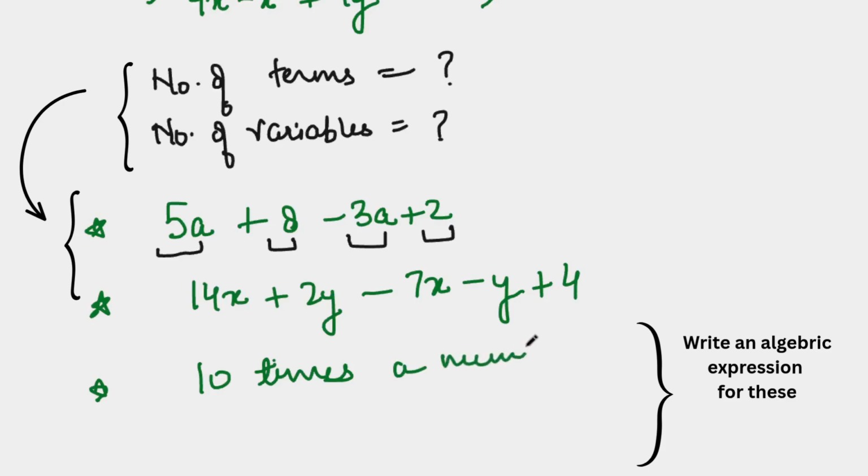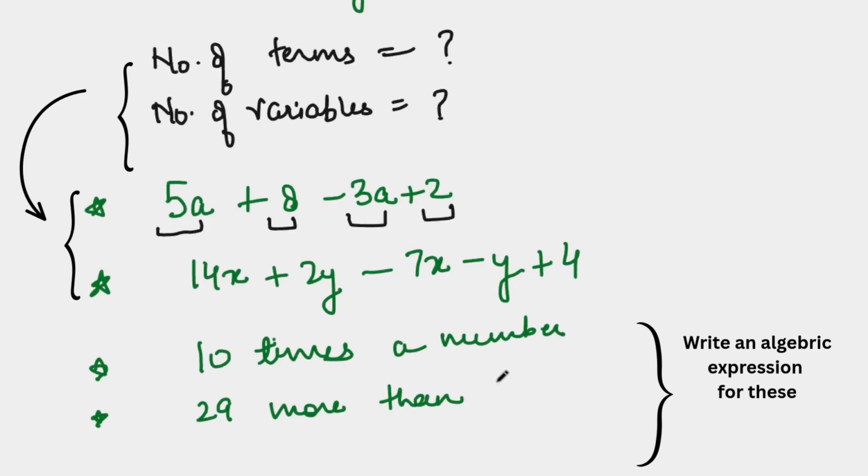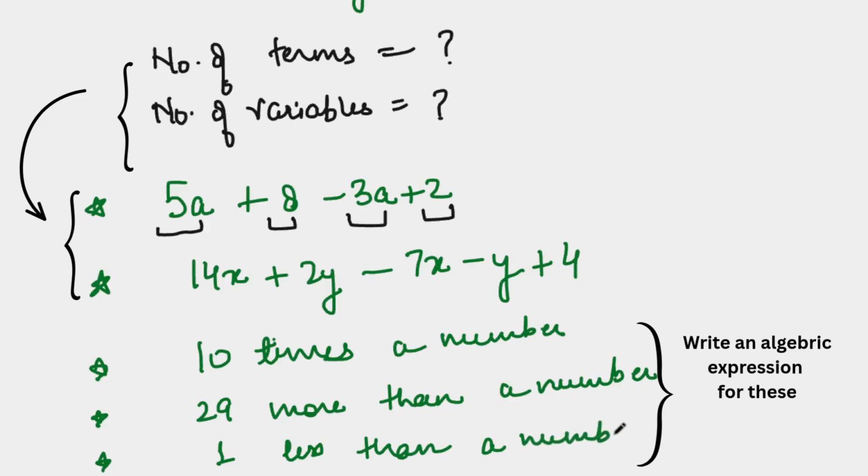Okay. 29 more than a number. Again, you don't know the number. That's why we write variables, right? When we don't know a number. 29 more than a number and 1 less than a number. Okay. 1 less than a number. Okay.